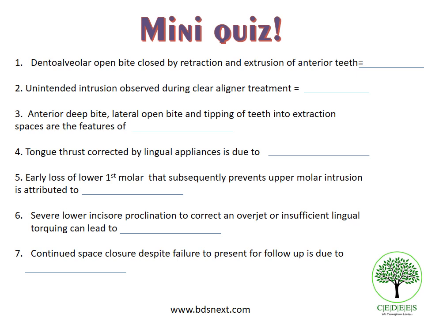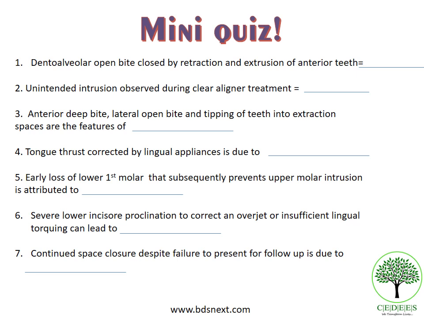So the first question is, dentoalveolar open bite closed by retraction and extrusion of anterior teeth is dash effect? Second, unintended intrusion observed during clear aligner treatment is which effect? Then, anterior deep bite, lateral open bite, and tipping of teeth into extraction spaces are the features of dash effect. Tongue thrust corrected by lingual appliance is due to dash effect.